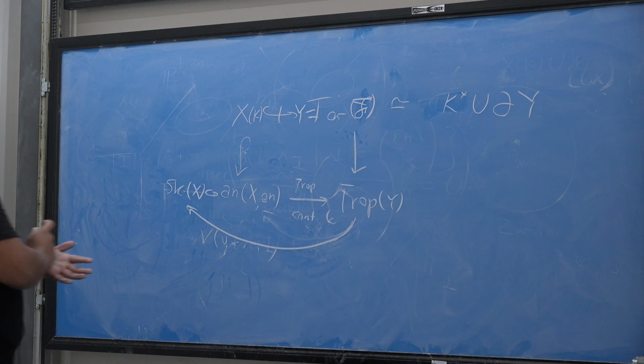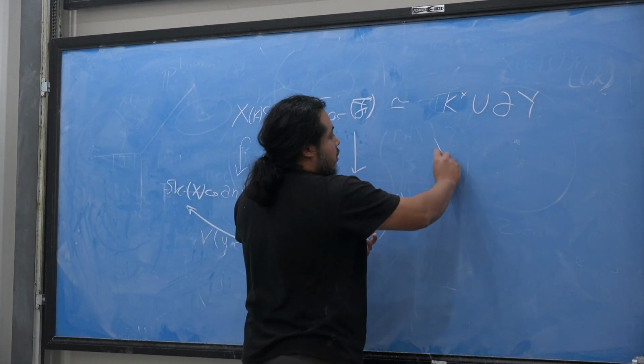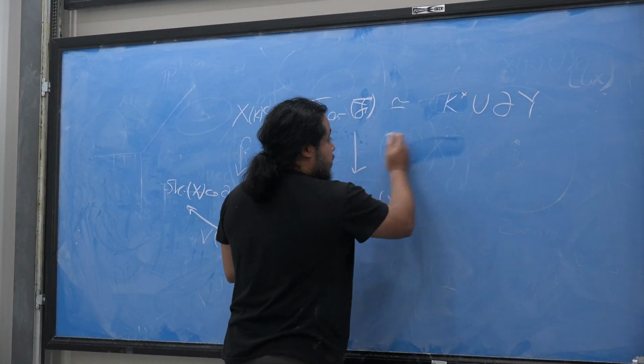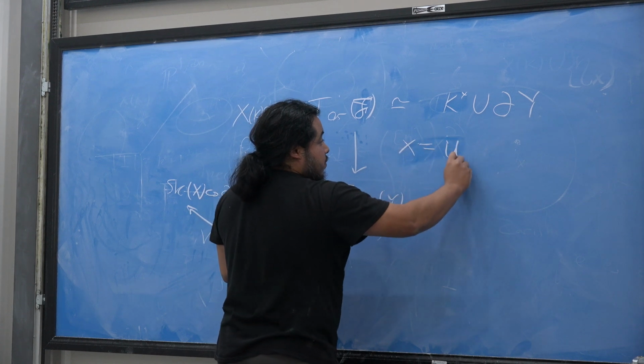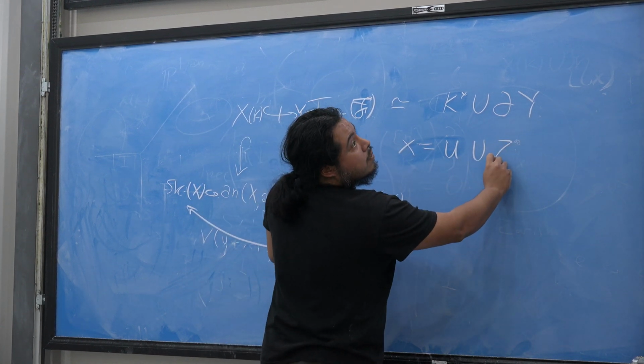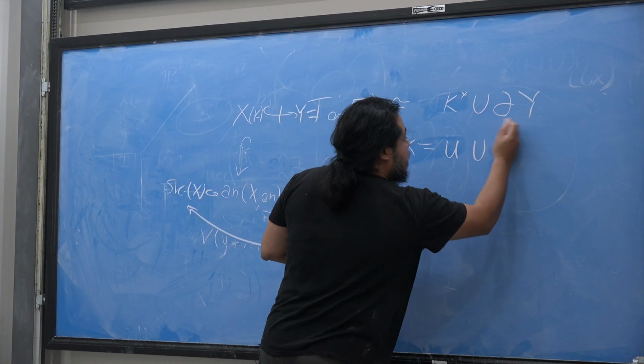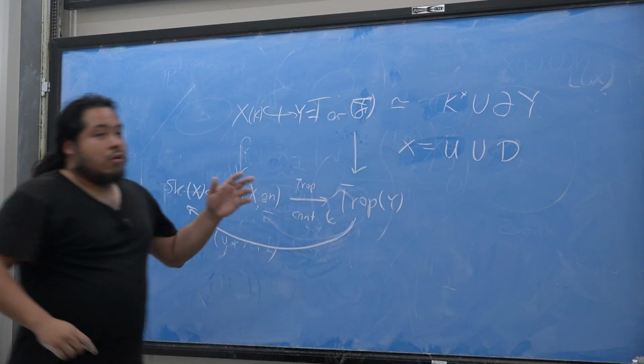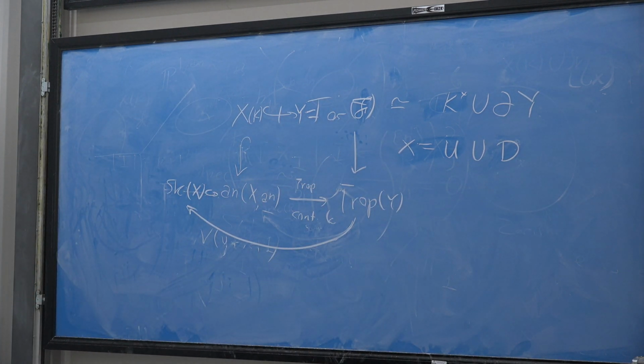So this induces a stratification of X. U is the dense part, the intersection with the dense torus, and D is the boundary divisor.